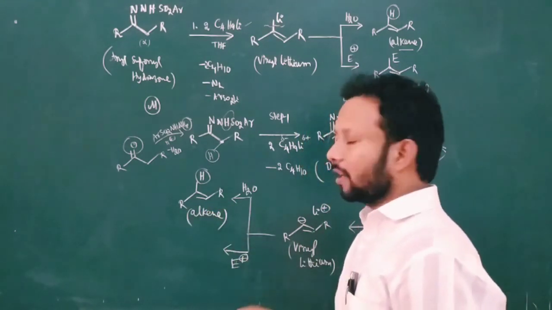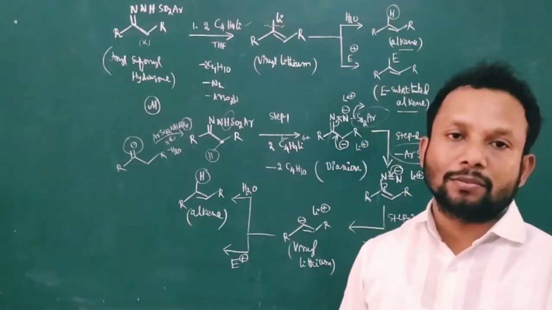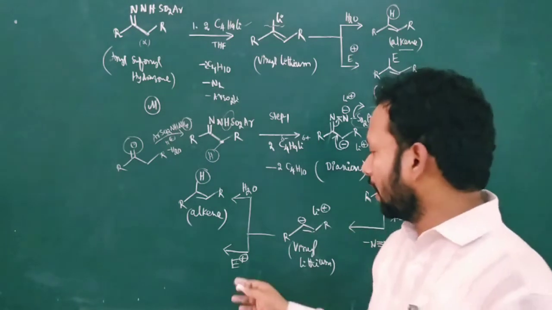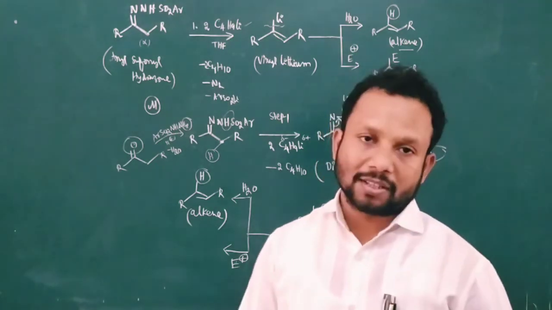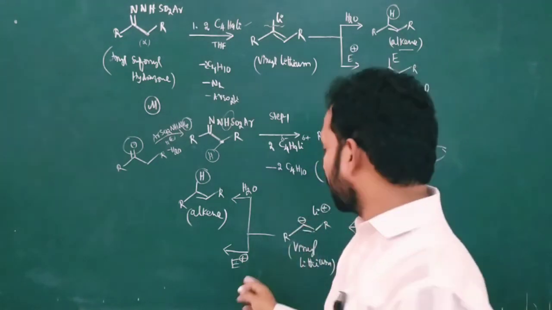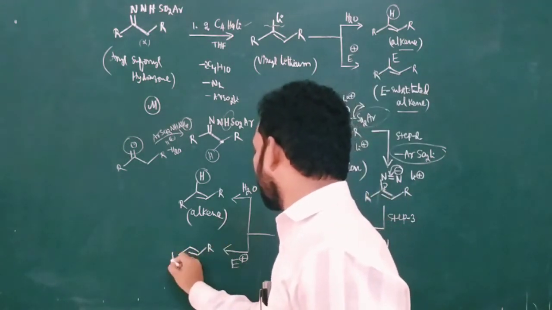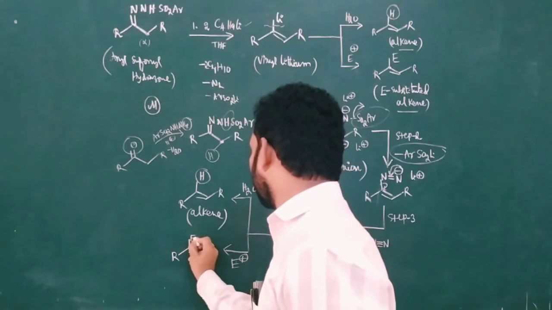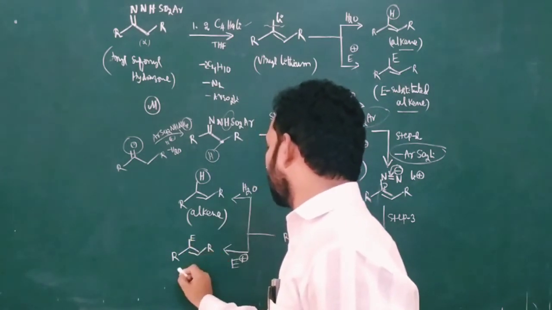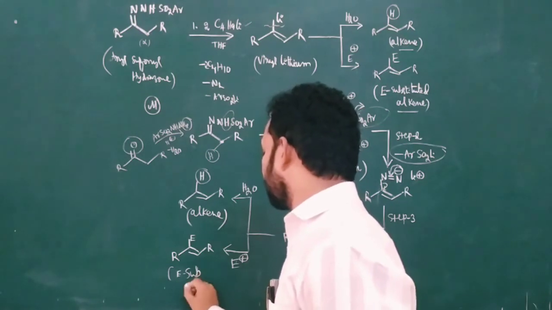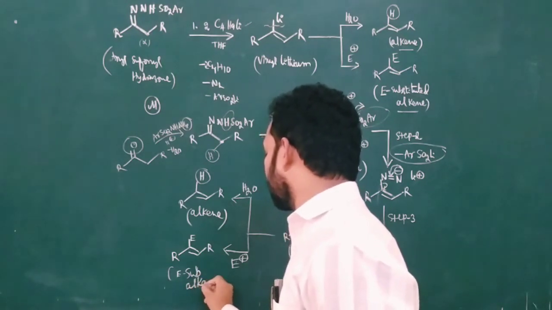Or this vinyl lithium is treated with electrophile to form electrophile substituted alkene. The structure of electrophile substituted alkene is like this. So this is called electrophile substituted alkene. Write it like E substituted alkene.